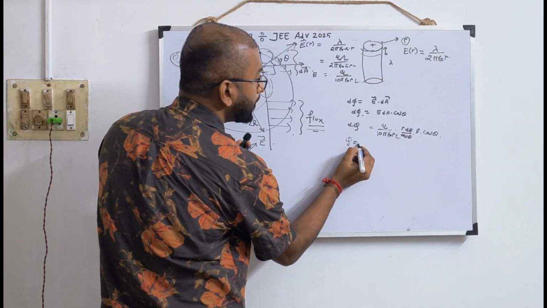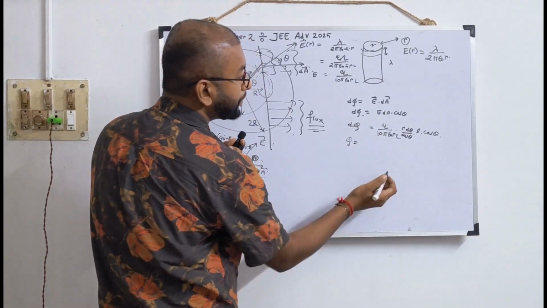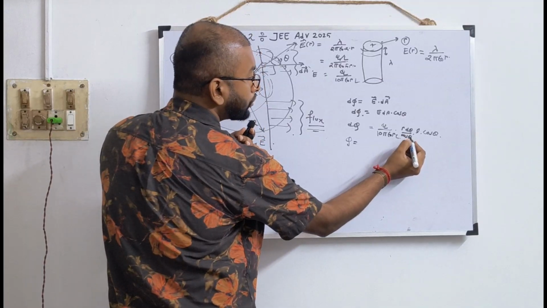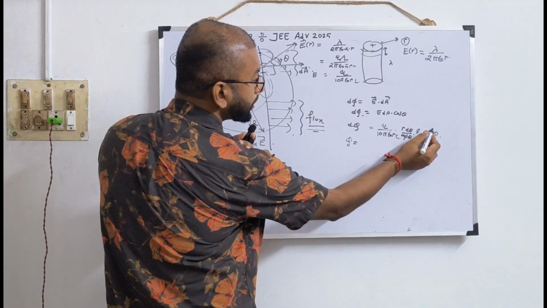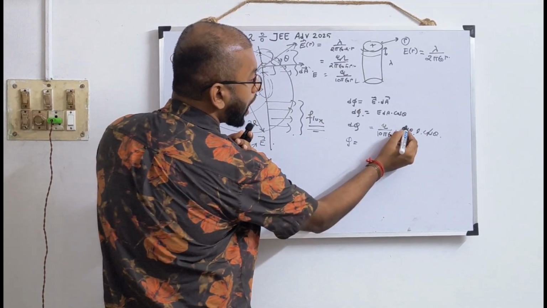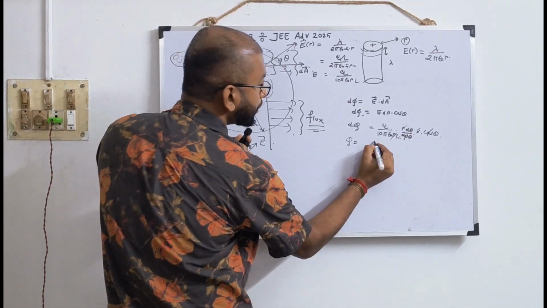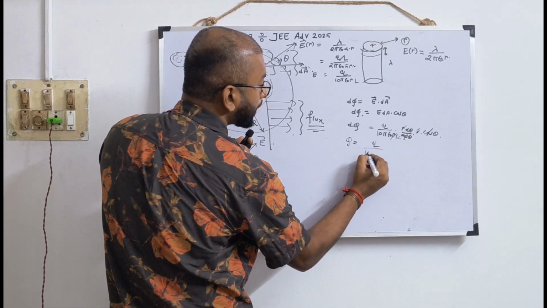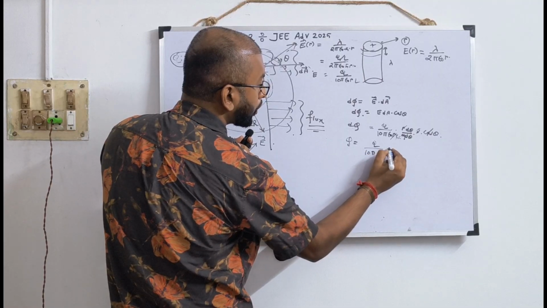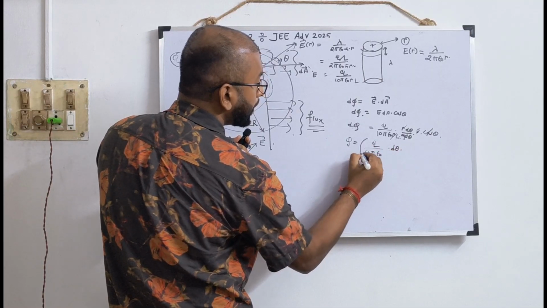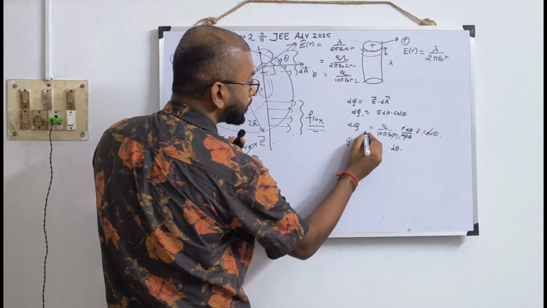Now phi will be just the integration of this, but before that let me cancel out some terms. Cos theta will cancel out, r will cancel out, L is also cancelling out. So it becomes Q by 10 pi epsilon naught into d theta, integrated from the lower limit to the upper limit.